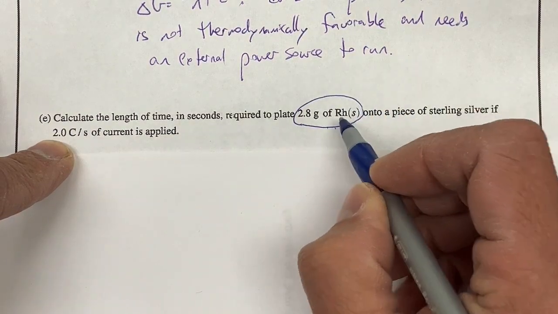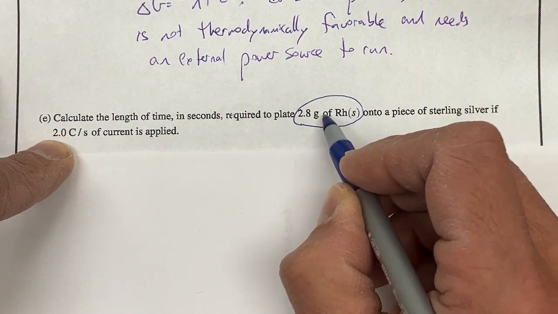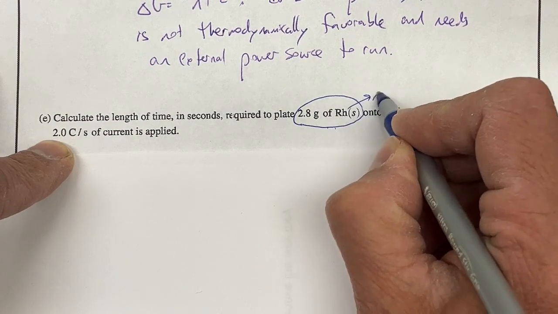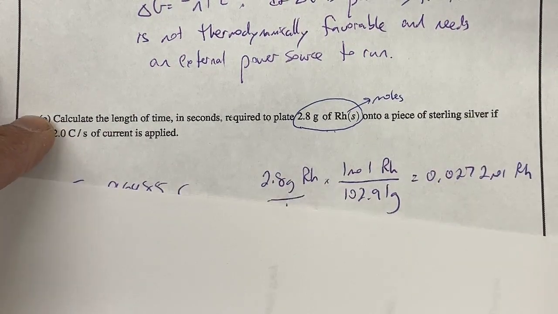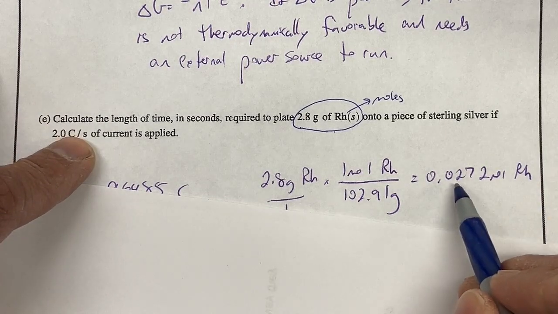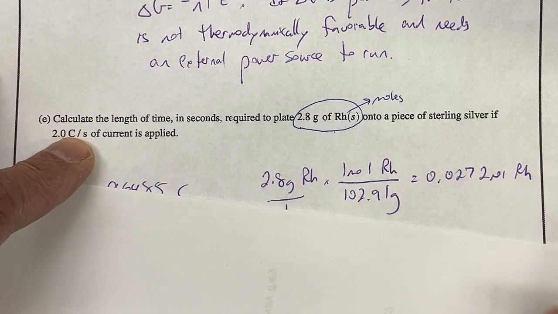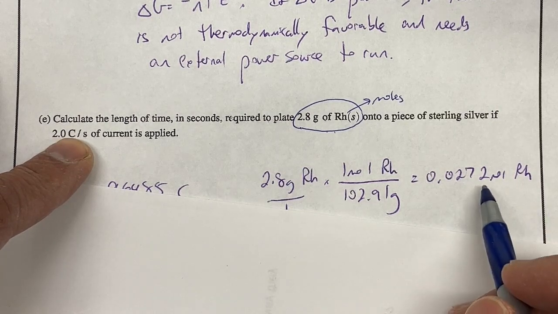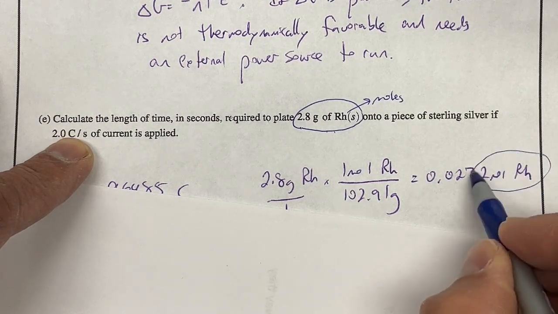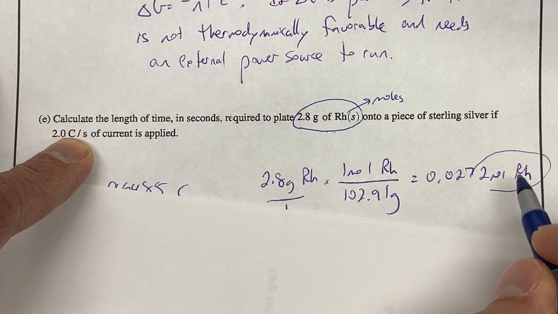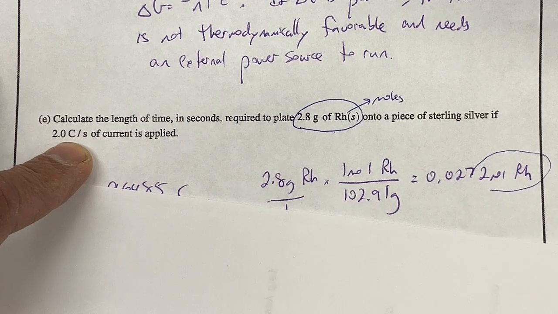Okay, so a couple things here. Anytime I see grams, I'm gonna change this to moles. So I'm gonna change that to moles, and that gives me 0.0272 moles of rhodium. Okay, so once you know you're at 0.0272 moles of rhodium, how does that connect to electrons?